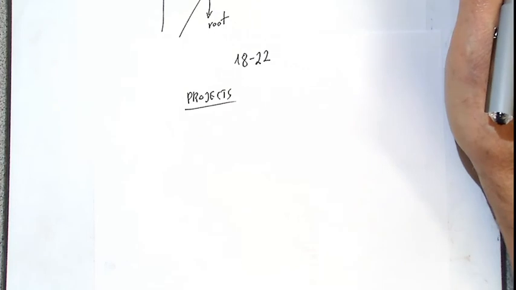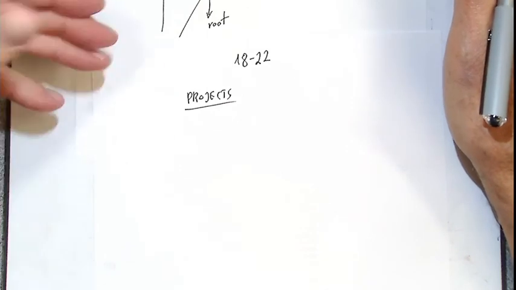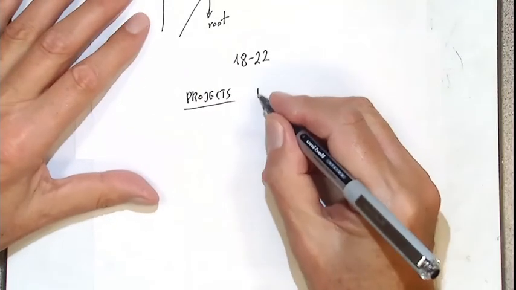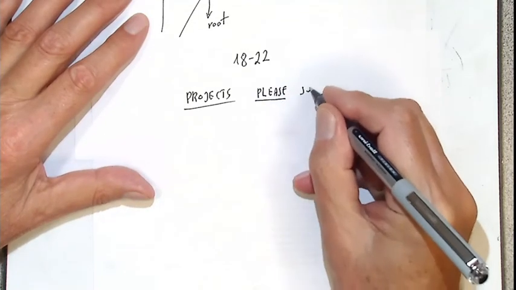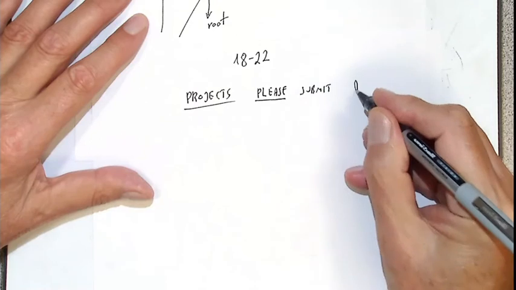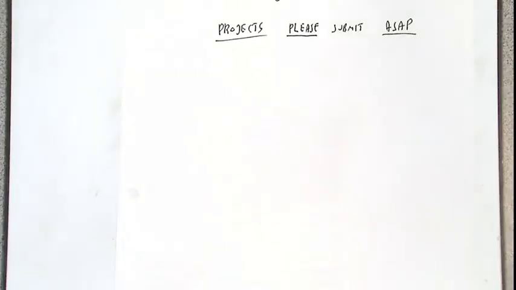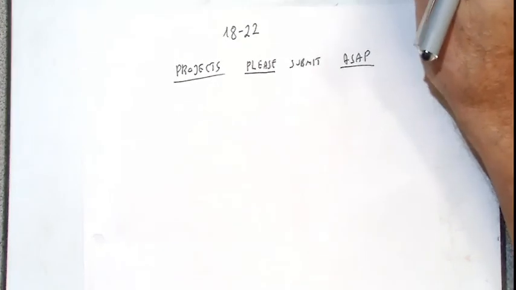Yes, I made the submission time on the 31st, but don't wait till the 31st, because we have a test on that day. Please submit this project as soon as possible. Please submit today. Please, that is a request.